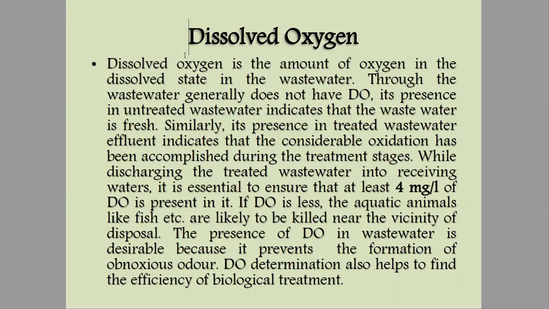Because without knowing that, we are not able to find whether the water we are going to discharge is affecting the flora and fauna of that natural water system, that is rivers, lakes, etc. It is essential to ensure that at least 4 milligram per liter of DO should be there for minimum survival of aquatic life. That is, fishes do survive till this level.